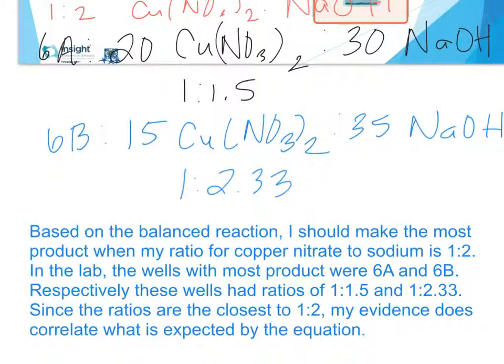Now, the key to getting full points on this part is the evidence from the lab, where you actually show me the ratios of your lab data. That's where you're going to get the points for your evidence from your experiments. If you leave that part out, you are going to lose points. So again, if this doesn't make sense, come get help.